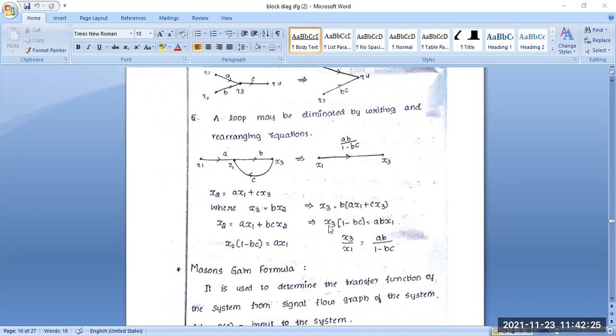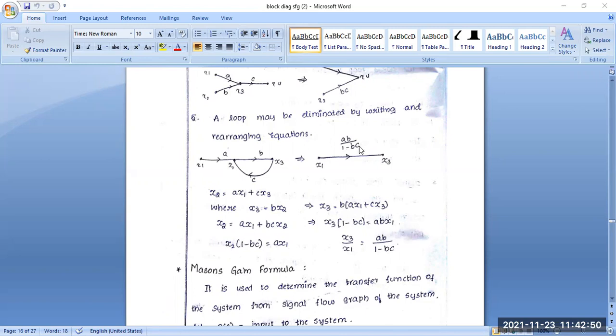So when you accommodate, x3 by x1 is equal to ab by 1 minus bc. So this is basically a loop ratio, x3 by x1, that is the output node by input node. This is equal to ab by 1 minus bc.